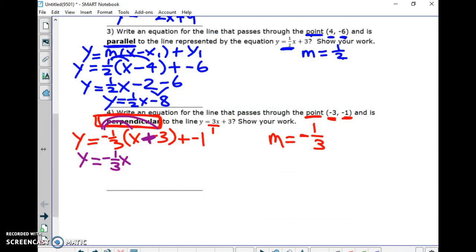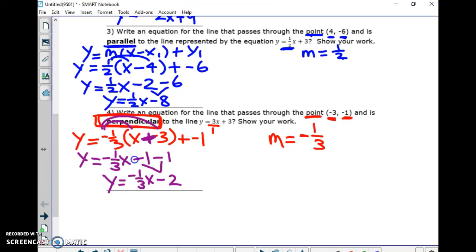So I'm going to write a minus 1. And then I'm going to bring down this other plus negative 1, bring it down as another minus 1. And then your last step, combine those like terms. y equals negative 1/3 x. Negative 1 minus 1 is minus 2. Okay?